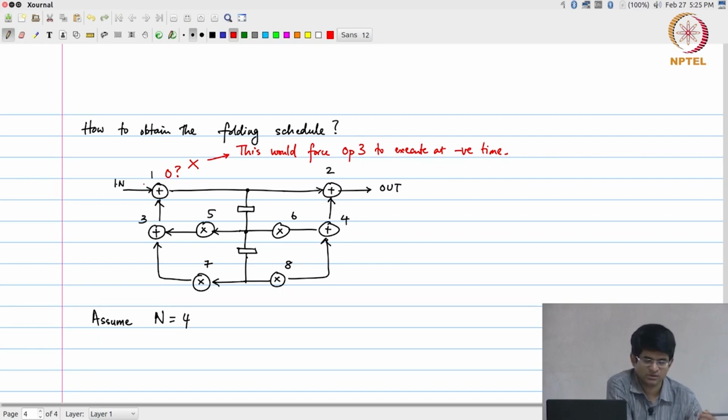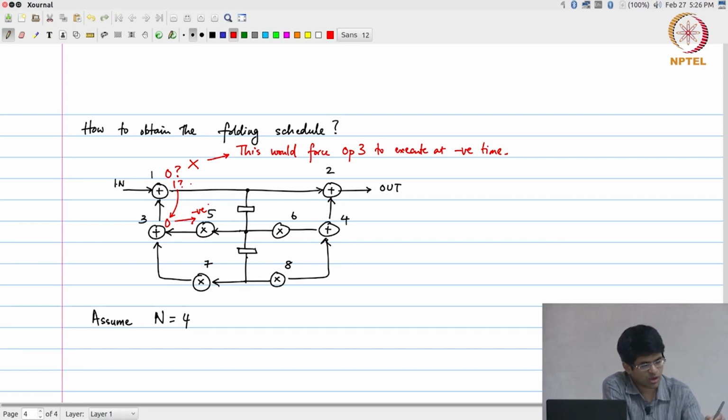It has to be at 0. What does that imply for operation 5? It would have to be negative, which again is not possible. So 1 is also not okay, because this would imply 0, and this becomes negative.